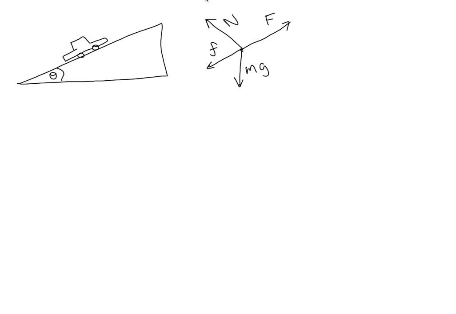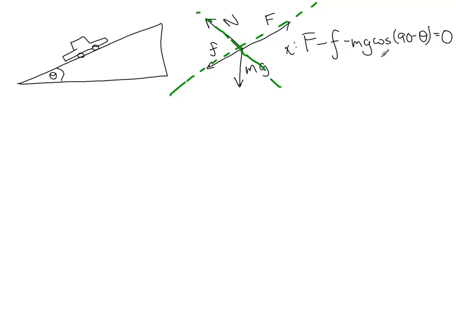So we bring in our coordinate system and do our components in the usual way. In the x direction, we have the car's effort minus friction minus mg cosine(90 minus theta) is equal to 0 because it's going at constant speed.